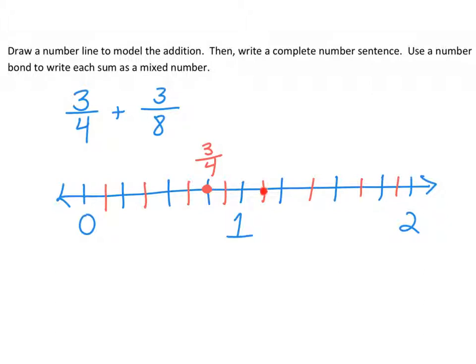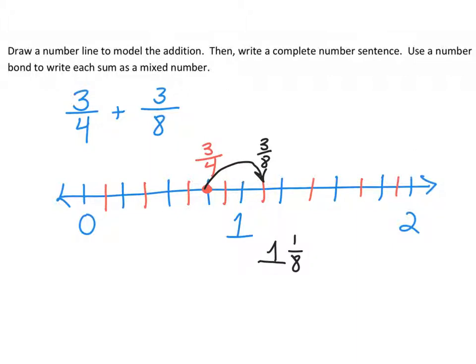So right here is 3/8. So I'm going to mark that right there. 3/8. That's what I went up. So now I am at 1 whole and an eighth.